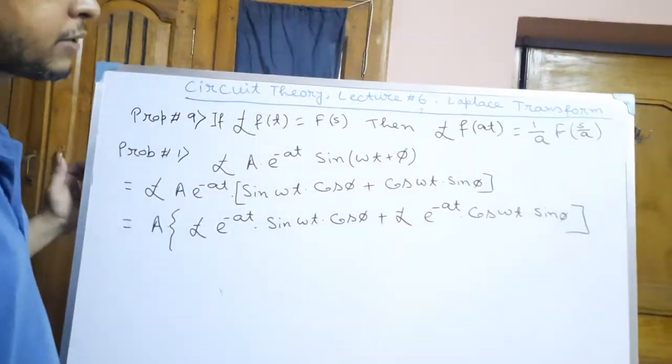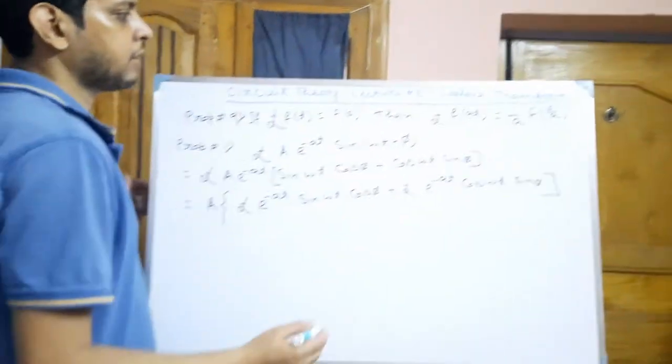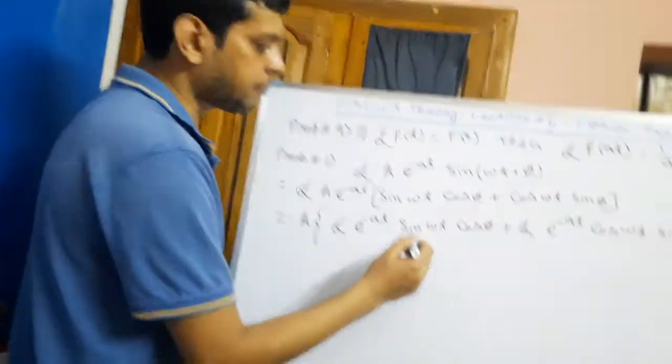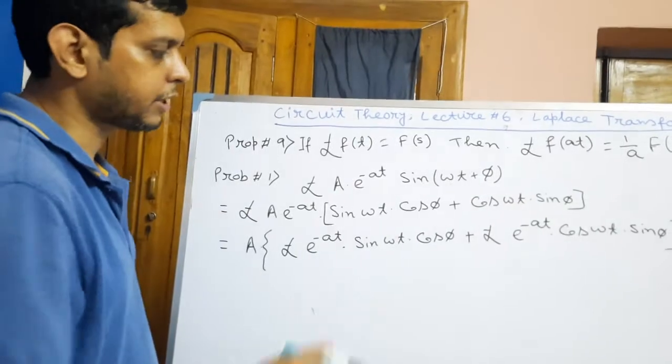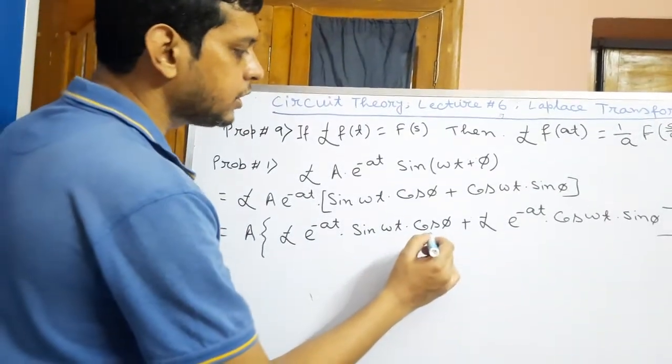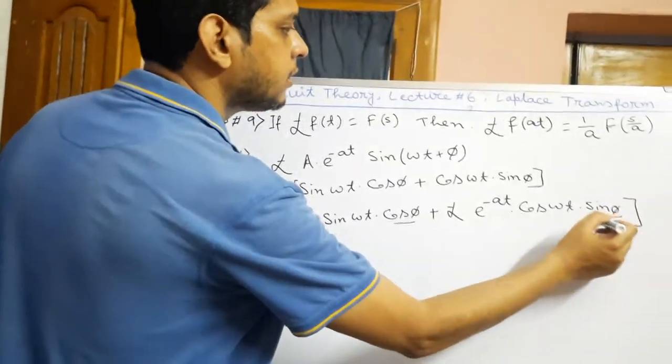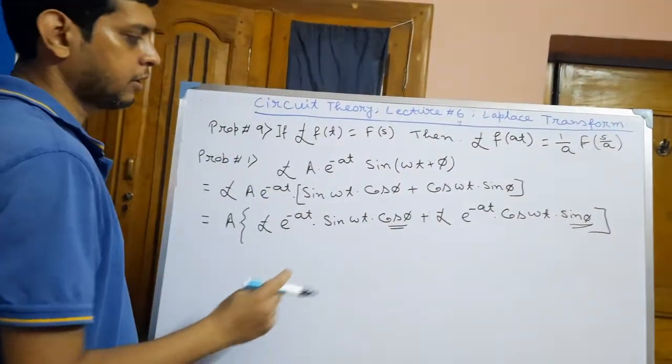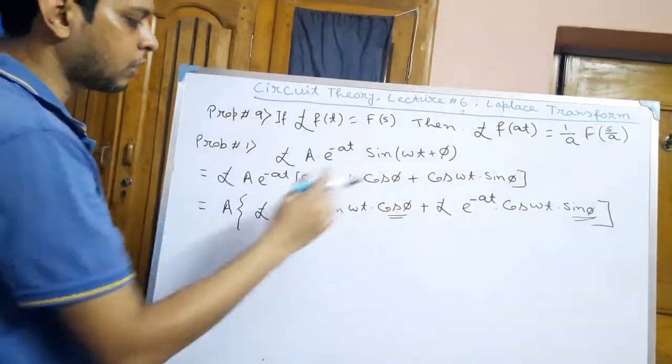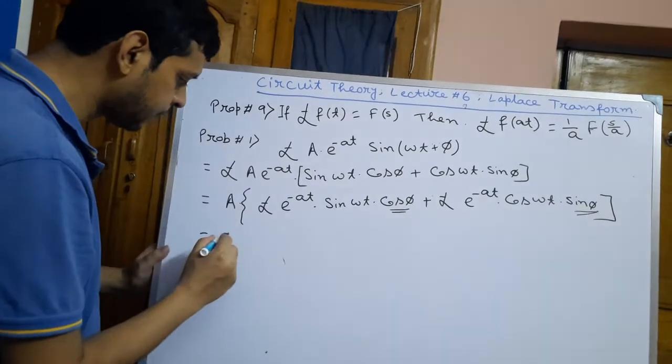In the Laplace transform, the function of t is transformable. So these are two constants, let us take these two out also, like a.